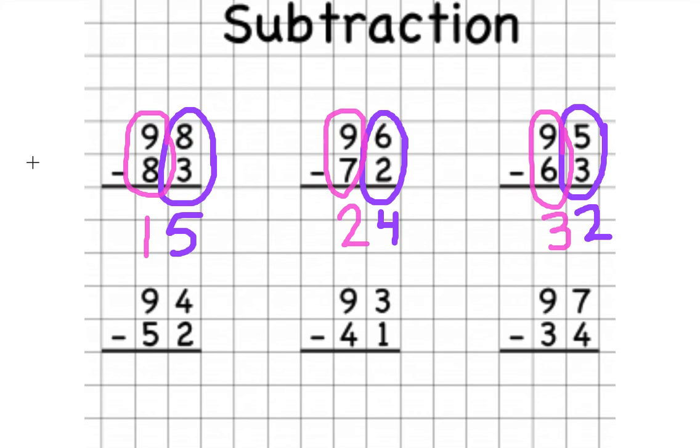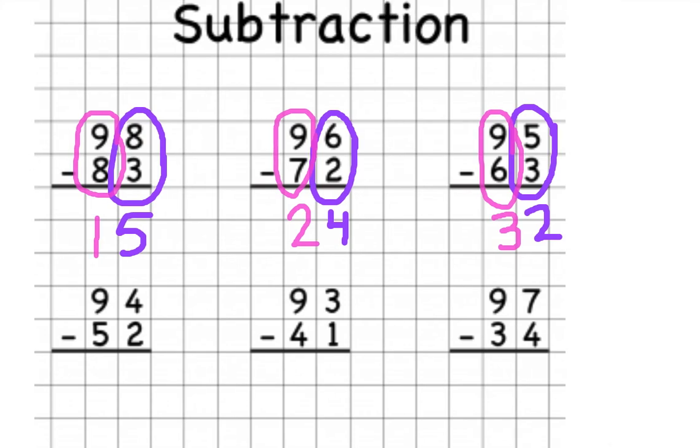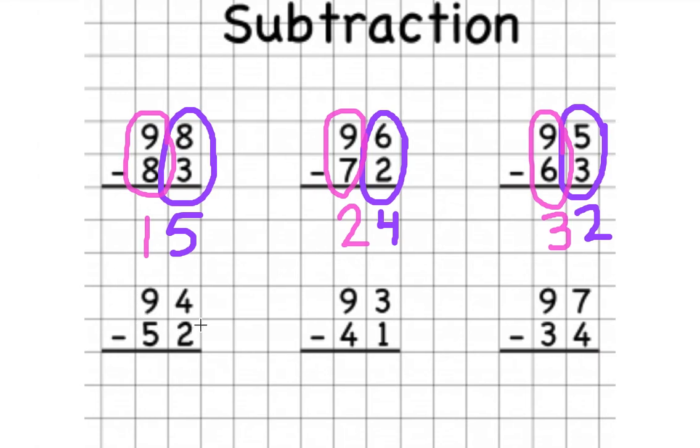Let's do the bottom examples now. These should be super duper easy peasy. Let's start with the ones place because we always start with the ones place. What's 4 minus 2? Super simple, super easy. 4 minus 2 is 2.